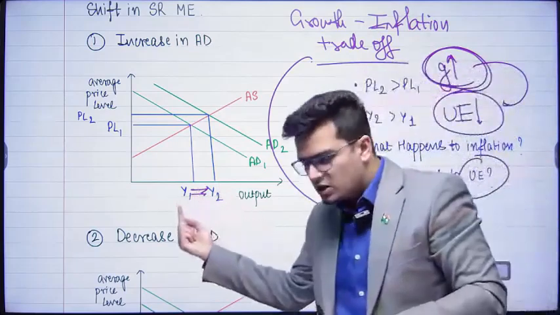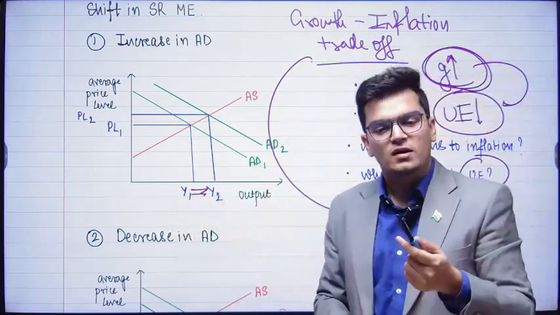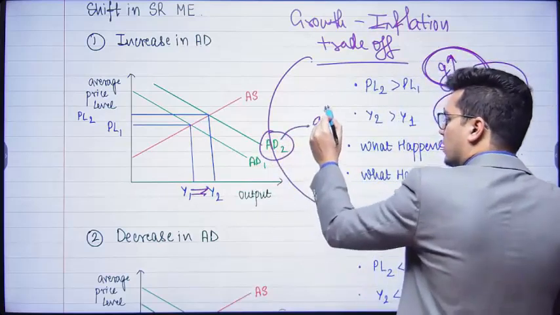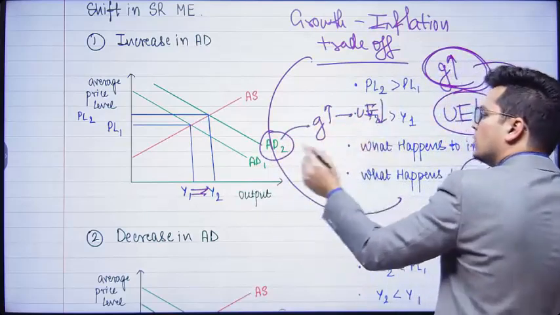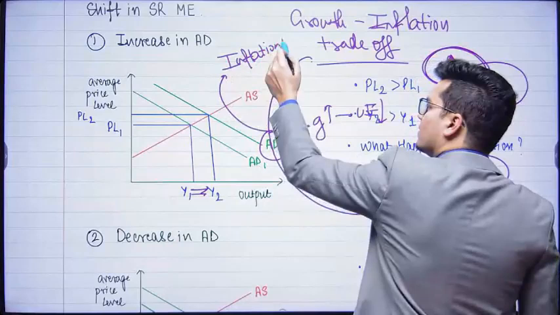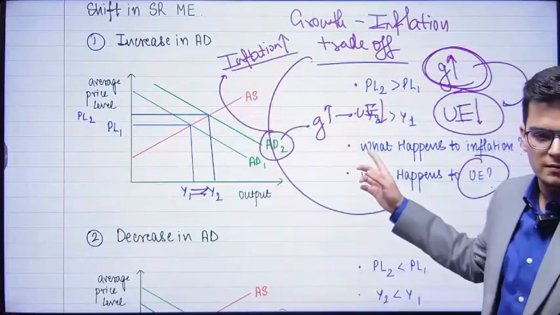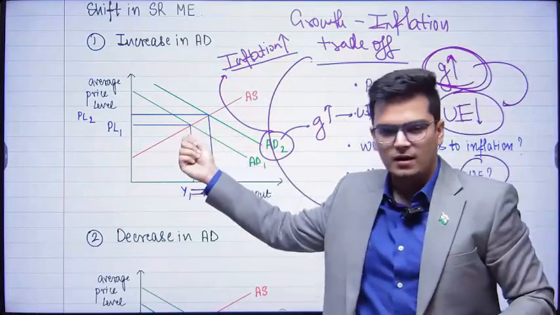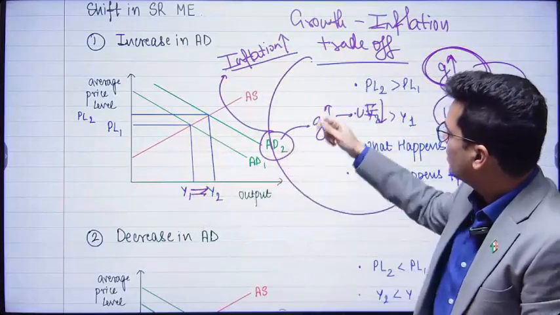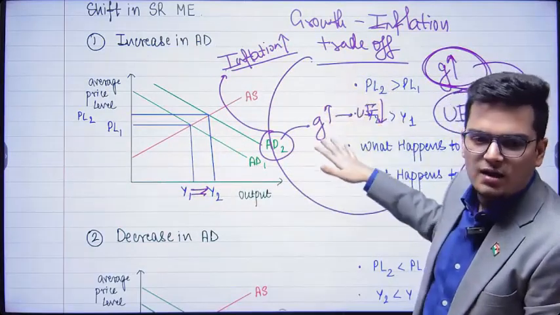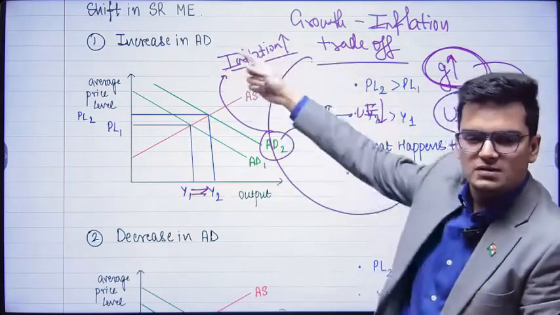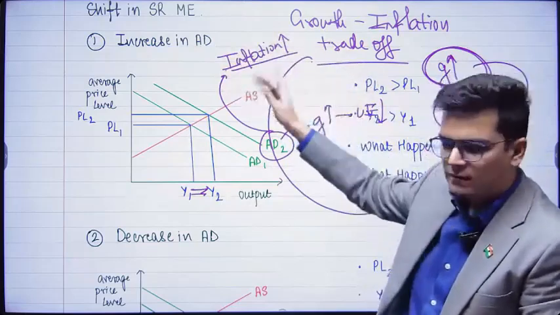If I want to reduce unemployment through growth, मैं aggregate demand change करके, growth करके unemployment को कम करना चाहता हूं, तो I will obviously have to increase the inflation. मुझे price level बढ़ाना पड़ेगा, inflation करानी पड़ेगी, तभी ये बात बनेगी, right? If I want to use aggregate demand to increase the GDP, to then cause a reduction in unemployment, then I will have to increase the inflation. So unemployment and inflation also have a relationship with each other, right? This is also something we have seen.